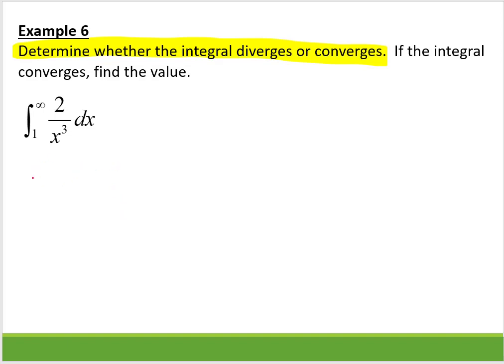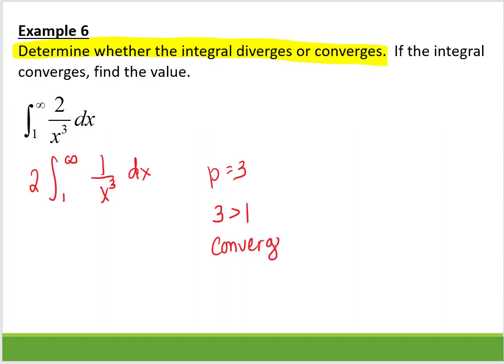But what I'm looking at here is this integral, and p equals 3, and 3 is greater than 1, therefore we converge by the p-test. And that's important for you guys to state why we're converging.